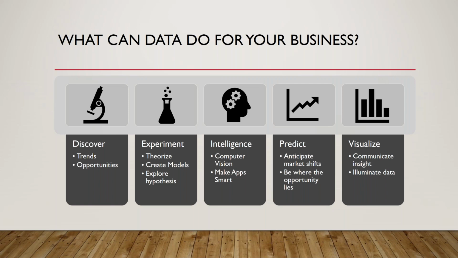Thirdly, and this is one of the things that probably gets the news, is intelligence. You can make smart apps. Part and parcel of this is something like computer vision, right? I'll pull up Amazon again. If you have the Amazon app, it'll actually use computer vision to search for something similar to what you're looking for, which is quite fascinating if you think about it.